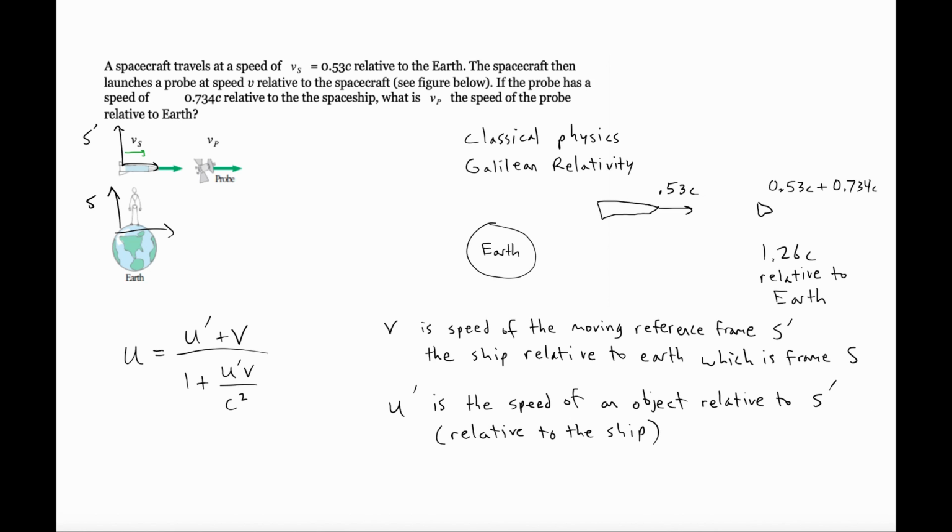So it's the speed of the probe relative to the ship. Then u is the speed of the object relative to S, which is relative to Earth.